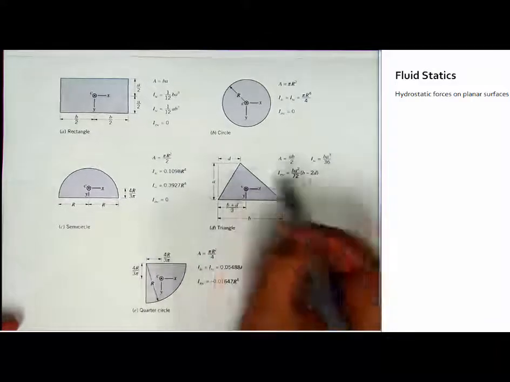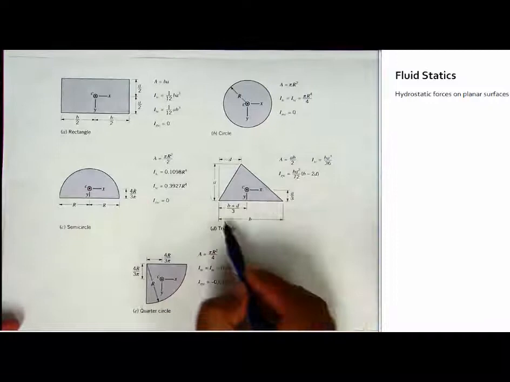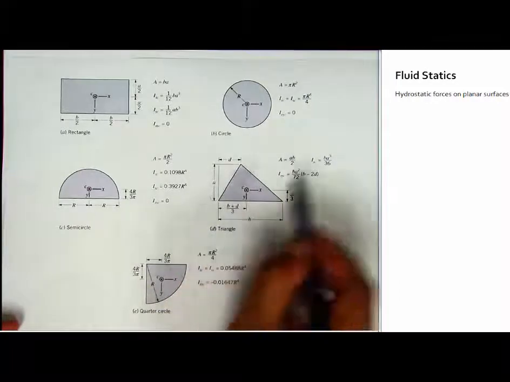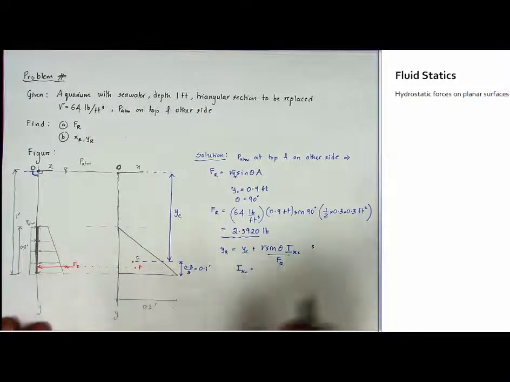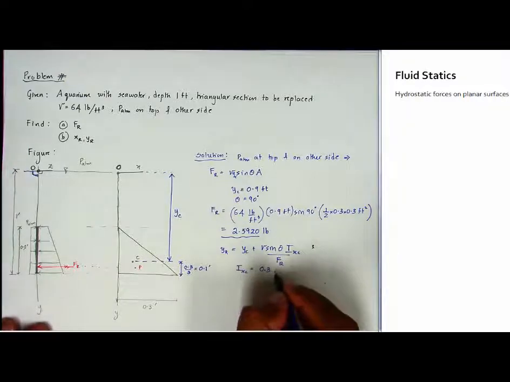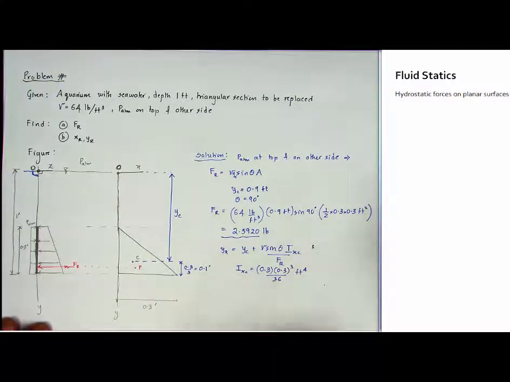IXC for a triangle like this is going to be BA cube by 36. So in this case, B is this base, A is the height. Here it is going to be 0.3 times 0.3 cube by 36. That is the base, height cube by 36. Units are of course feet raised to 4.